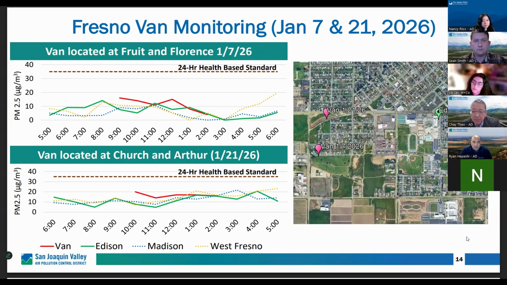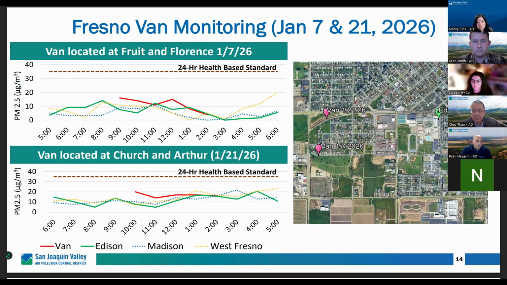Yeah, and just maybe taking it back to the last meeting when we were talking about this and the concerns that were raised by the CSC, that there was a general feeling, due to some of the sources in those areas, that there may be higher readings in those areas.